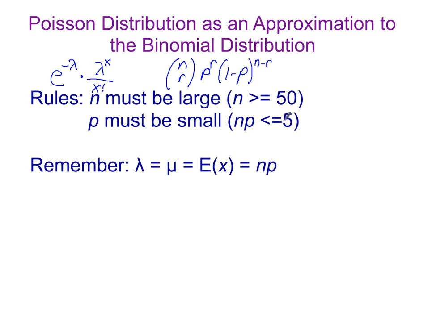You might find slightly different rules depending on what books or sources you look at, but this all stems from the fact that the Poisson was found by taking n to be approaching infinity, so we want n to be large, and that the event is relatively rare. And so we want to remember, if we're trying to approximate a binomial distribution with a Poisson distribution, that lambda is mu, and that's the np. So when we know np, that becomes the lambda.